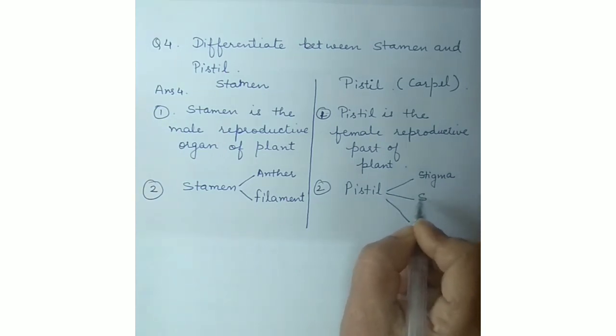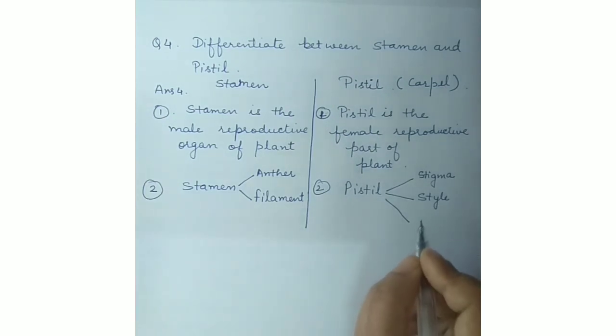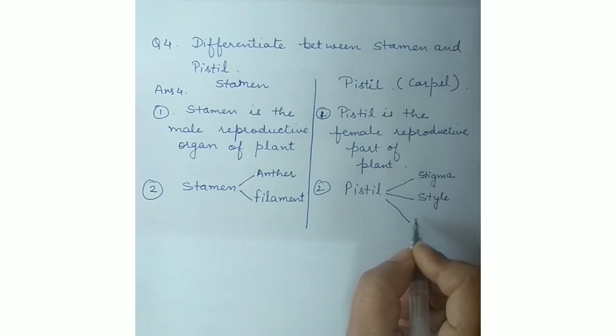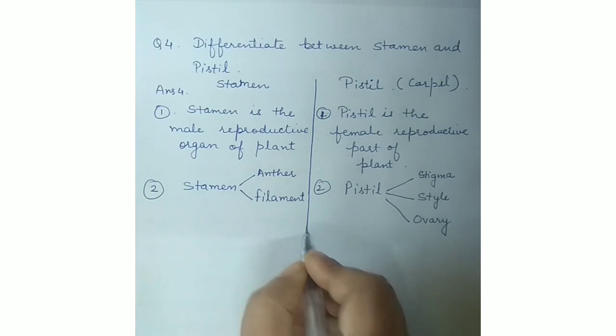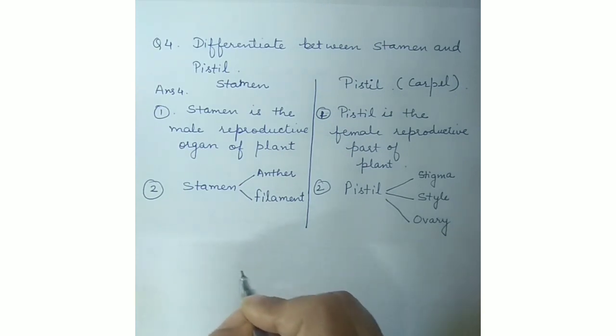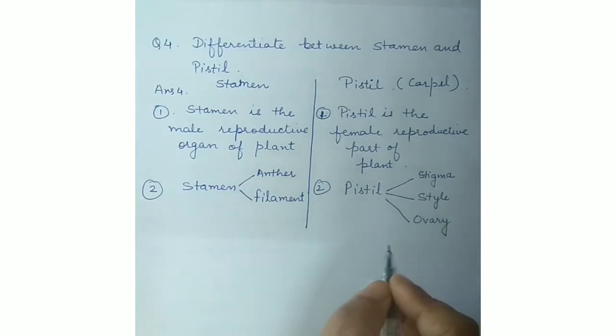Next one is style, the middle and longest part of the pistil, and the lowermost part is ovary. Okay. Now where does fertilization take place? Fertilization takes place in the ovary region. Now in the third point you can also draw the diagrams of stamen and pistil to distinguish between them.